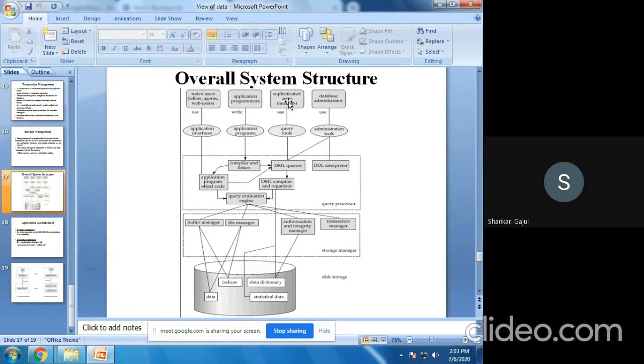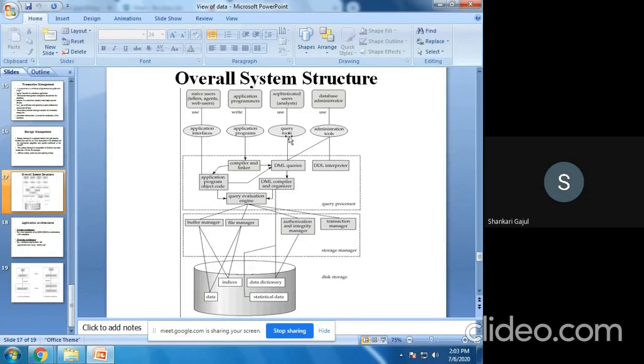And what about the sophisticated users? Sophisticated users interact with the database, but not directly. They use query languages or query statements, and by using query statements they can interact with the database system. They are not allowed to interact directly like the naive users. They interact indirectly with the database with the help of query tools.